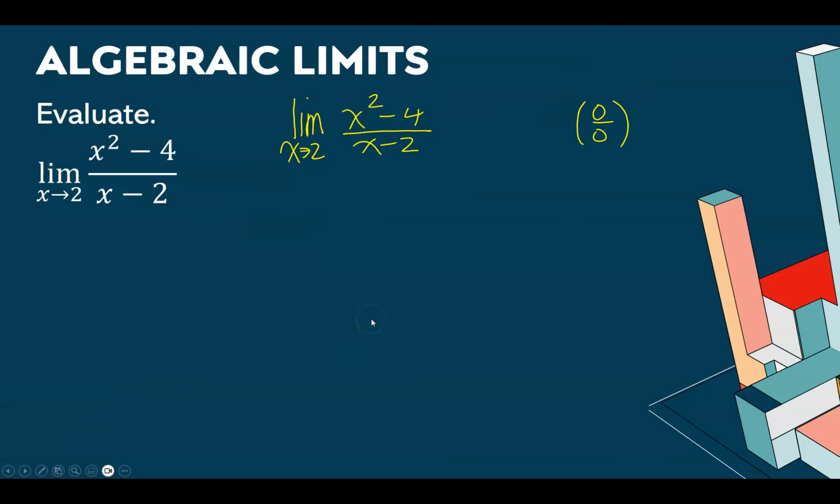Okay, so we shouldn't write 0 over 0, but we should always be thinking. You should always check for continuity, and when you substitute 2 into the denominator, we get 0. But you also want to substitute 2 into the numerator. We get 0. Obviously, 4 minus 4 is 0. That 0 over 0 has a name. It's one of many: indeterminate form.